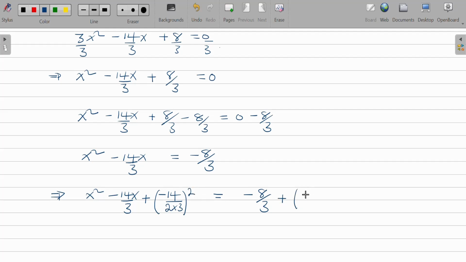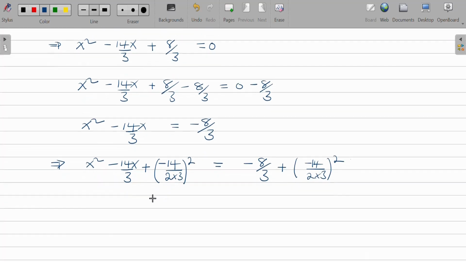As we simplify, we have x squared minus 14x over 3 plus negative 14 divided by 6, the whole of it squared, equals negative 8 divided by 3 plus negative 14 divided by 6, the whole of it squared.